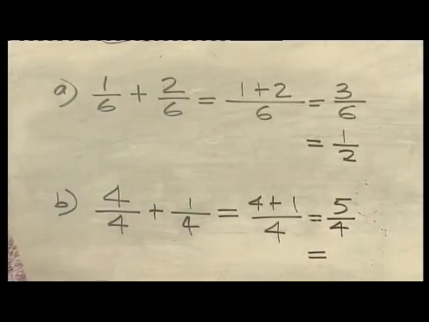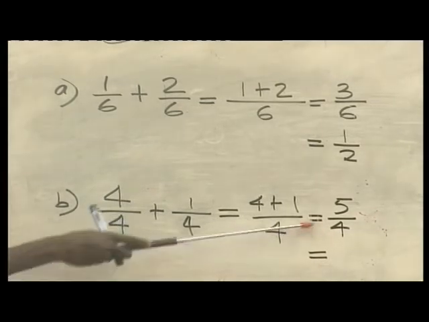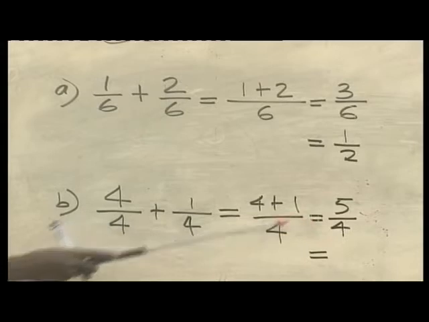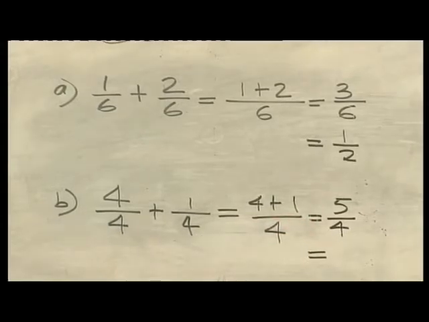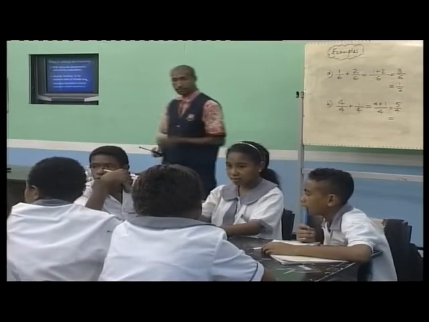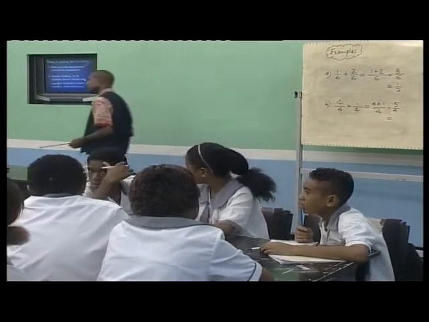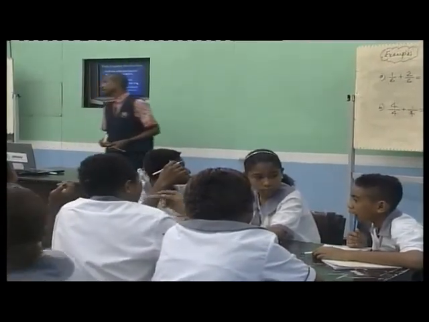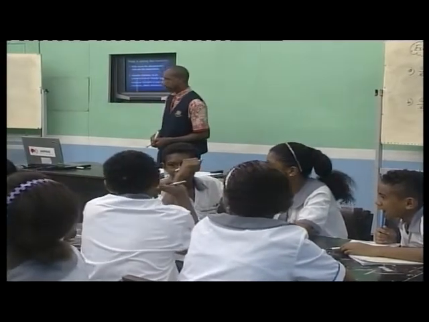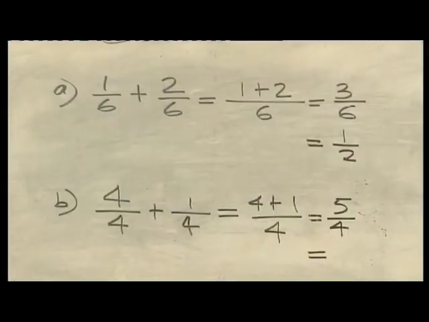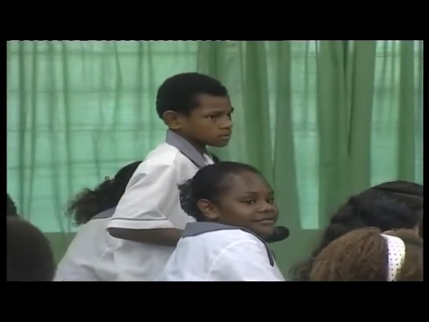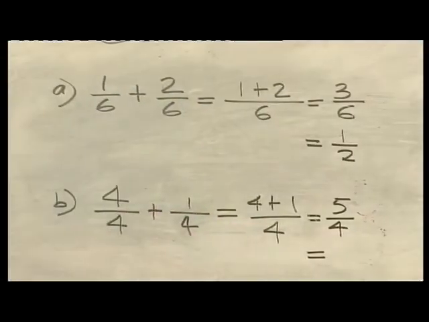So students, what is the mixed number of this improper fraction? Minol? One quarter. 1 and 1 quarter. Very good, class.